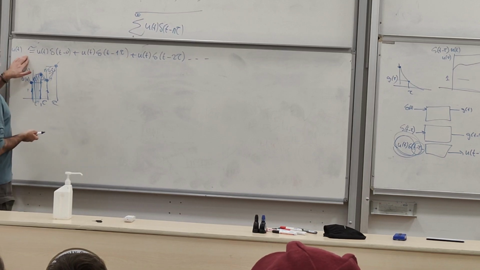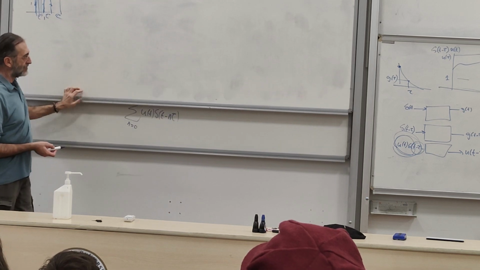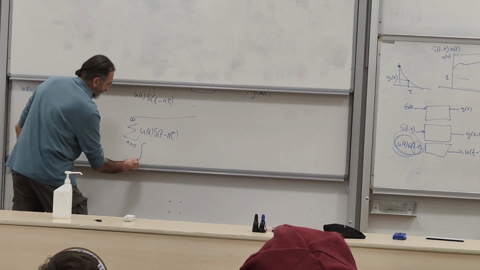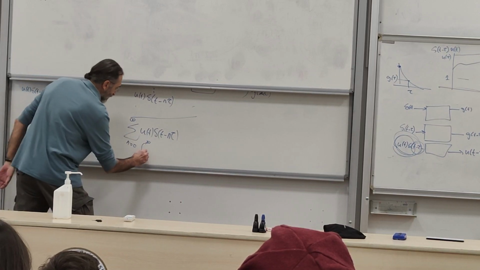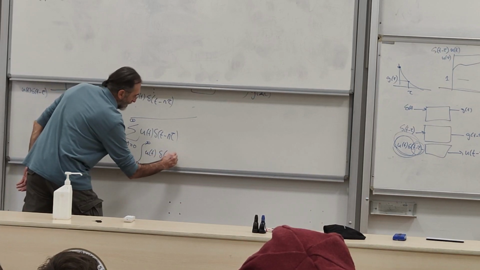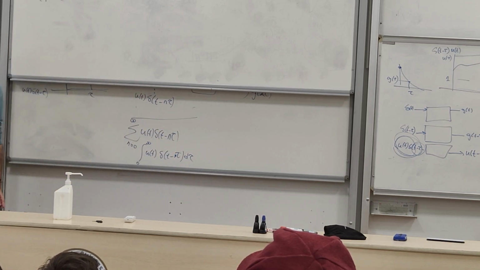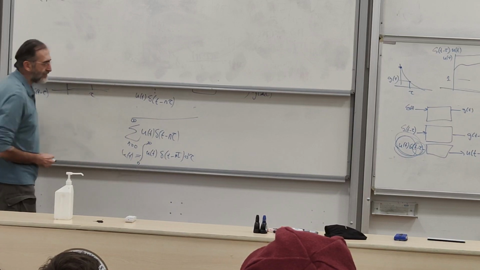So if I turn this summation into an integral, from 0 to infinity of u of t times delta t minus n tau d tau, then I will have u of t itself.